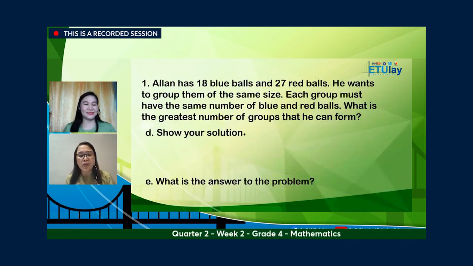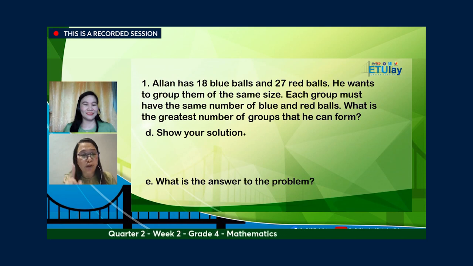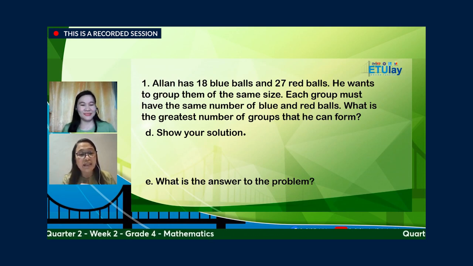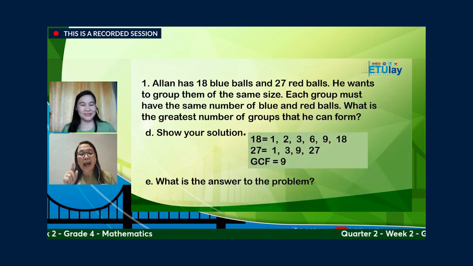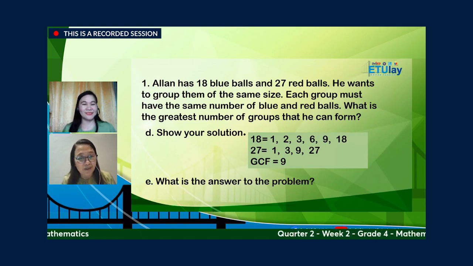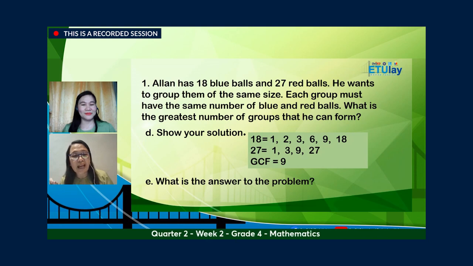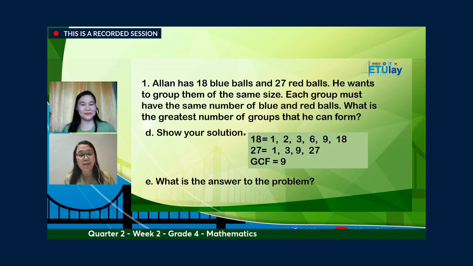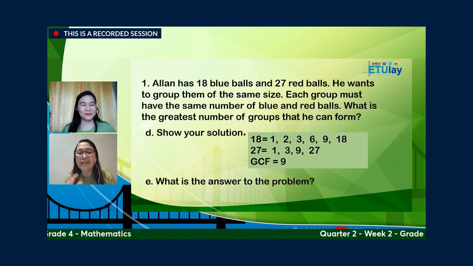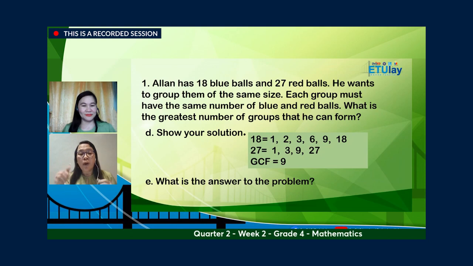Show your solution. Okay. For your solution, kapag ito ang isinulat ninyo, tama ang inyong sagot. Okay, for 18, you have there 1, 2, 3, 6, 9, 18. And for 27, you have there 1, 3, 9, and 27. And the GCF is 9.